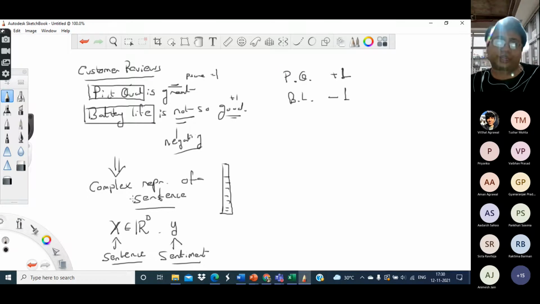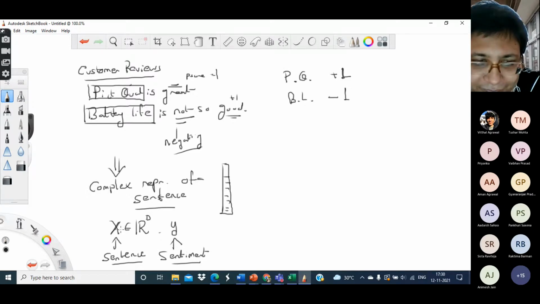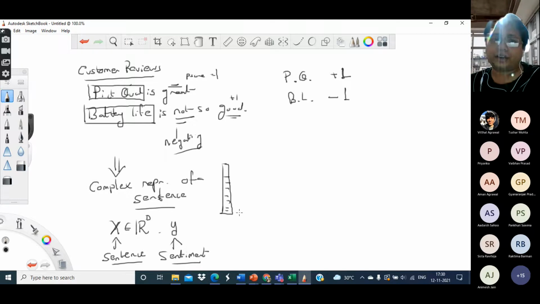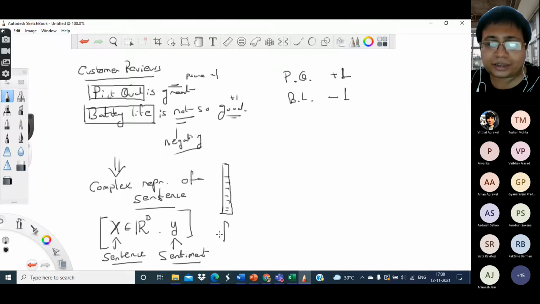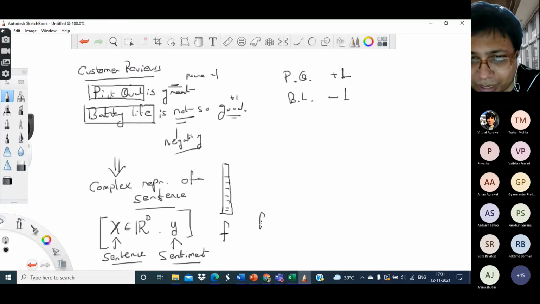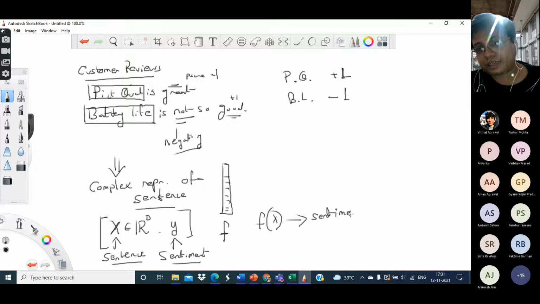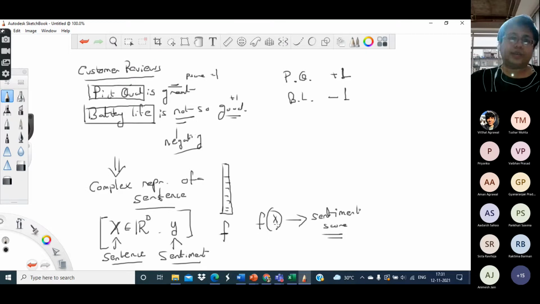So the idea is that we represent the sentence somehow as a d-dimensional vector, and corresponding to that vector we will have the label. And then we will learn a function f, which takes any sentence x and maps it to a sentiment level, that is, either this is a positive sentence, or a negative sentence, or a neutral sentence. Okay, so this is what needs to be done.